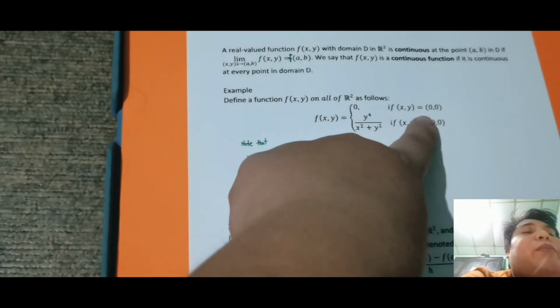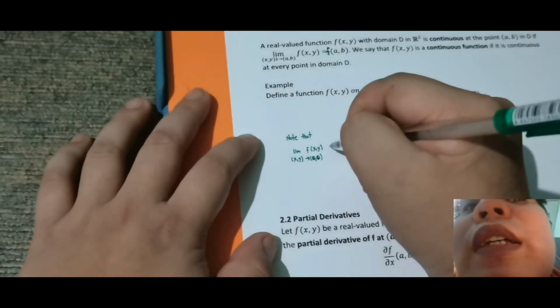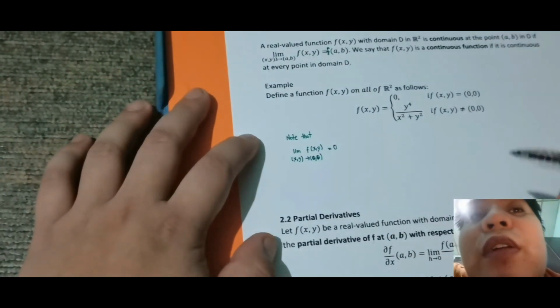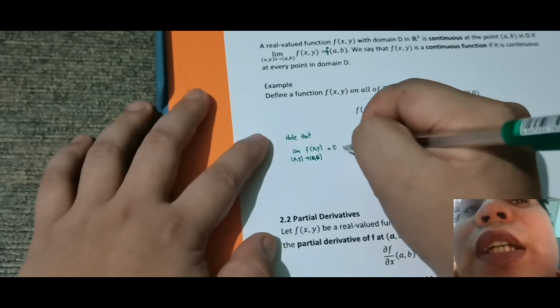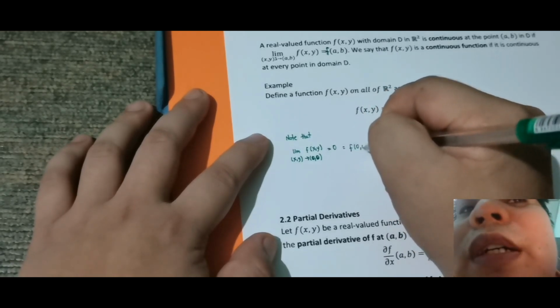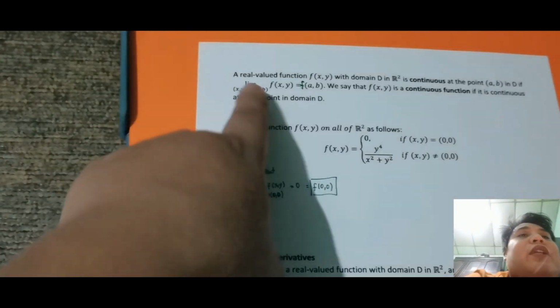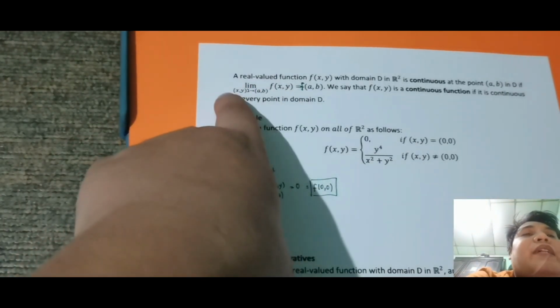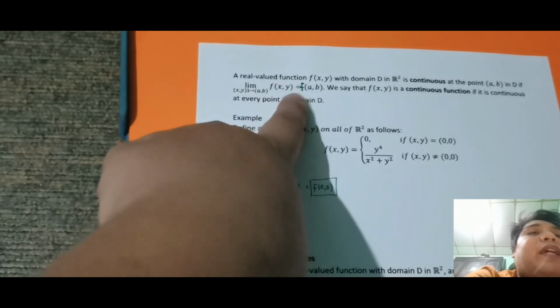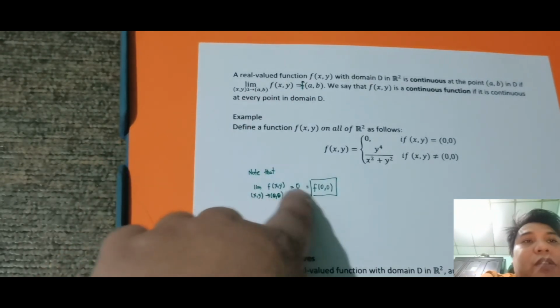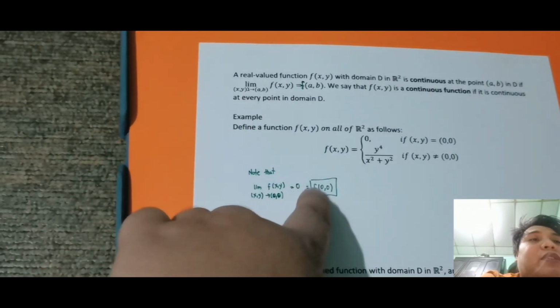So pag 0 yung f of x comma y natin, this is just equal sa 0. Okay, or simply this is just f of 0 comma 0. Okay, so nagawa ko yung isa. Yung limit of f of x comma y as x comma y approaches to a comma b is f of a comma b. 0 comma 0 to, naging f of 0 comma 0. Okay, so ganun yung nangyari.